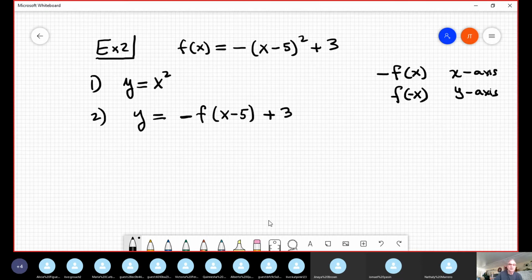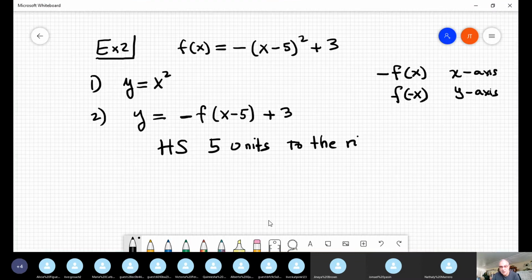Finally, plus 3. The final plus 3 is, I have no idea. Help me, guys. Plus 3, a vertical shift. Vertical shift 3 units. Very well. So basically, we have a horizontal shift 5 units to the right because it's negative.